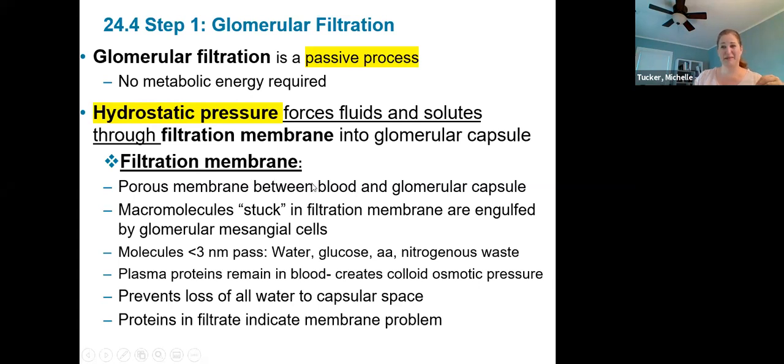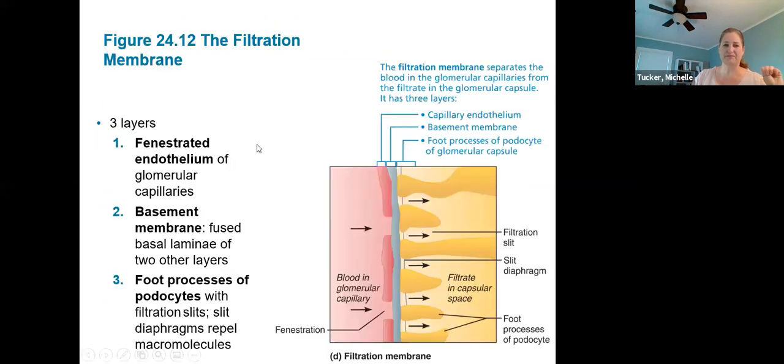Kind of like in the previous chapter, we had the membrane at the alveoli. This filtration membrane is at the level of the glomerulus. It also has 3 layers. So instead of a respiratory membrane, we have a filtration membrane with 3 layers.